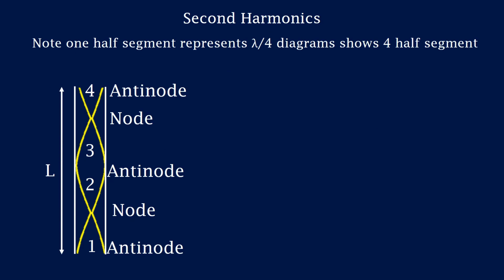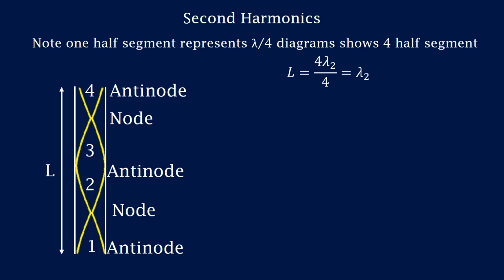Second harmonic. As the vibration progresses to the next mode, additional nodes and antinodes are formed, as illustrated in the figure. Note, one half segment represents lambda by 4 and the diagram shows 4 half segments.